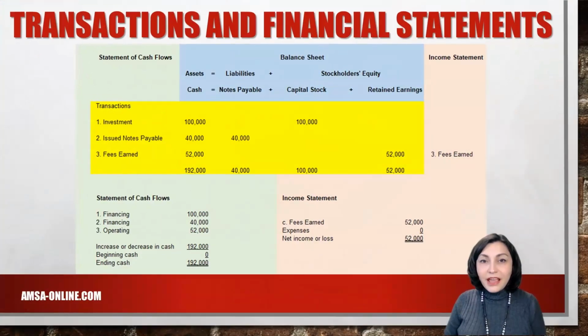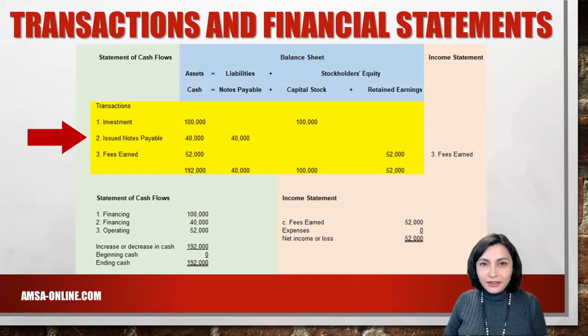Let's also look at the totals. The first transaction was to record the owner's initial investment in the business. We recorded it as an increase in cash, which is an asset account, and an increase in capital stock, which is a stockholders' equity account. The second transaction was borrowing.